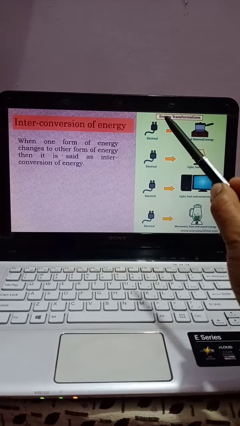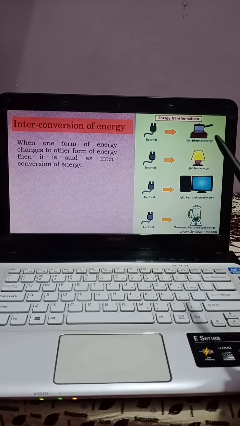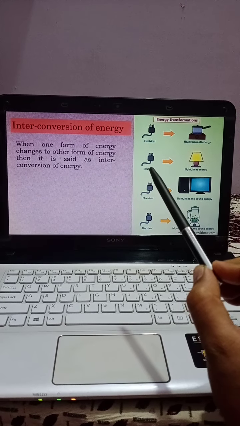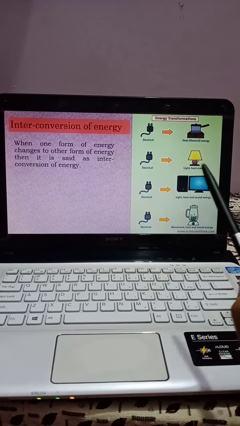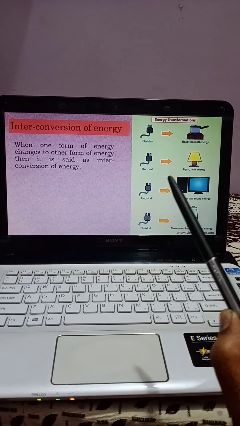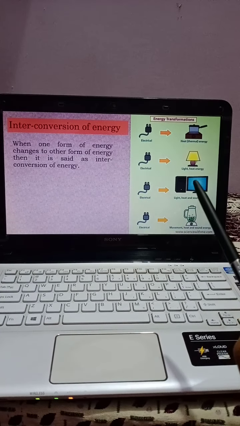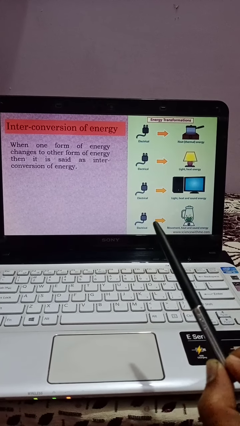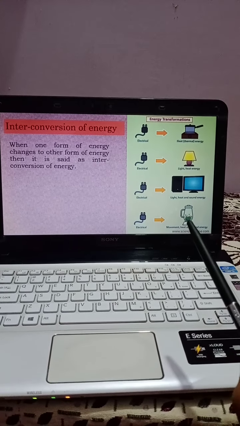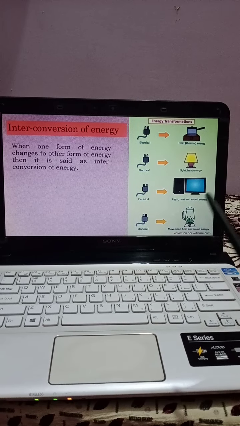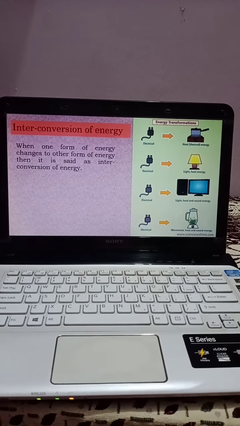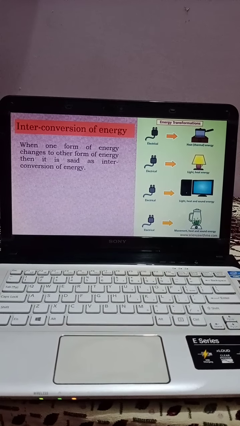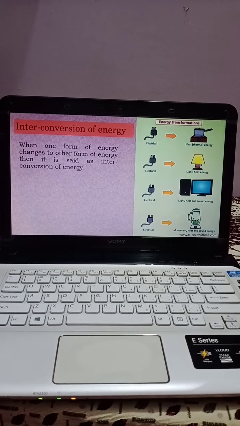Here we have examples: when electrical energy changes to heat energy, when electrical energy changes to light energy, when electrical energy converts to light energy and sound energy, and when electrical energy converts to kinetic energy as in a mixer grinder. So there are many interconversions which show that one form of energy changes to another form of energy.